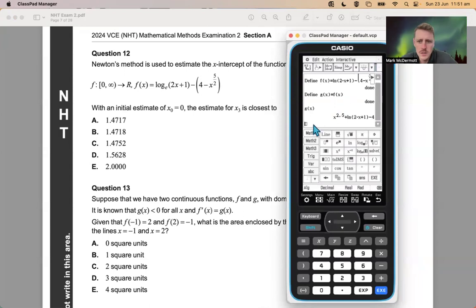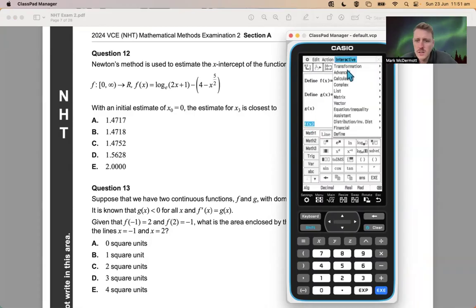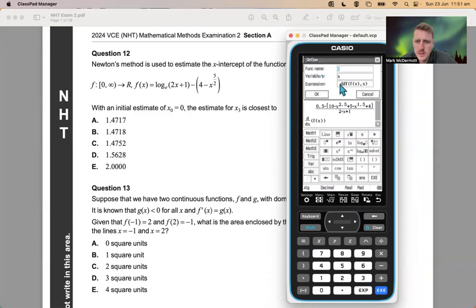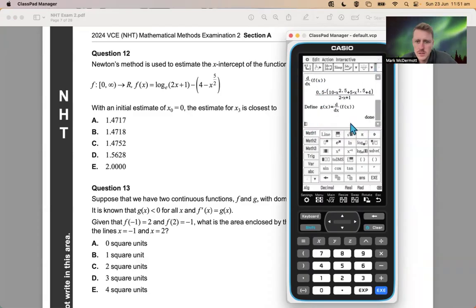Okay, let's redo this. So if I do g of x or f of x, interactive advanced calculation, I want to diff that. I want to do that, and then I want to take this, and I want to highlight that, and I want to define that as g of x. Now, hopefully that's better. Okay, very good.